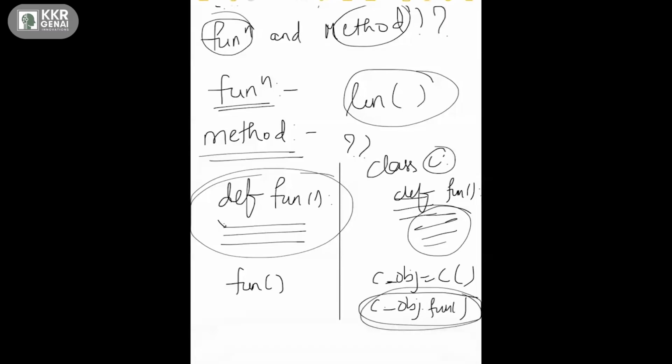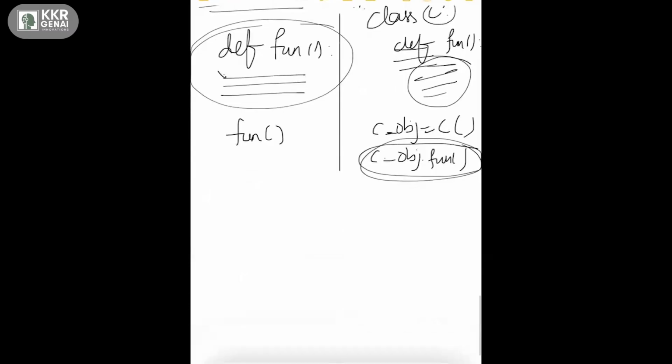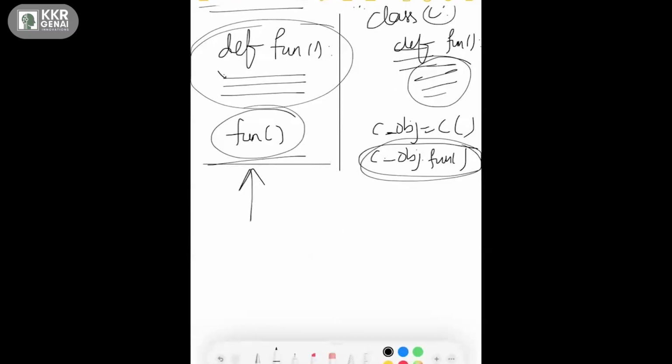So a function can be called directly without any instantiation, but a method, as it is associated with a class, needs an object of that class, and you call it using the object reference. That is the fundamental difference.